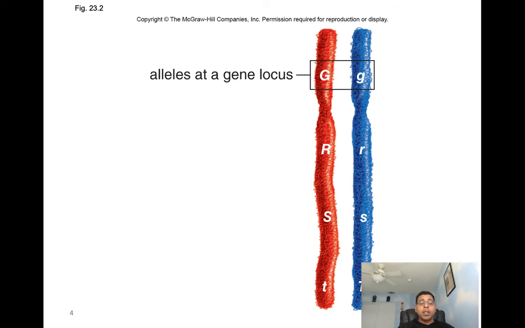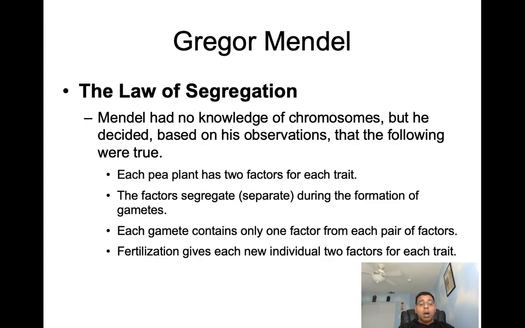Mendel formulated his first law, which is the law of segregation. Mendel had no knowledge of chromosomes, but he decided, based on his observations, that the following were true. Number one, each pea plant has two factors for each trait. Number two, the factors segregate, or separate, during the formation of the gametes.